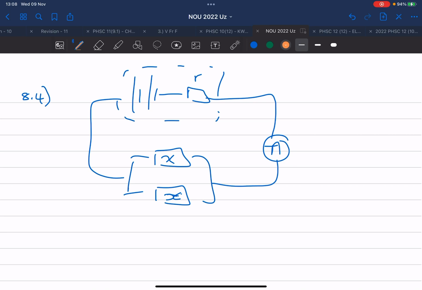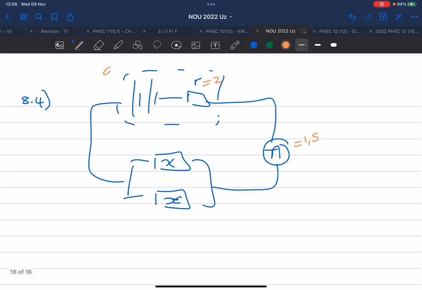They tell us the ammeter reading is 1.5 and they tell us that r is 2 en ek weet the EMF is 12 volts. Okay, and they want to know what is the value of x. Now, because there is internal resistance, gaan ek na die interne weerstand formule kyk.